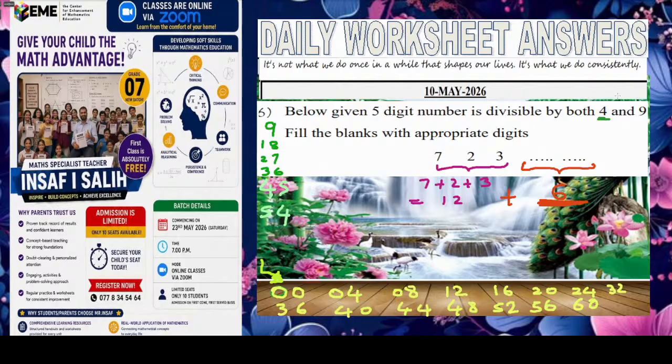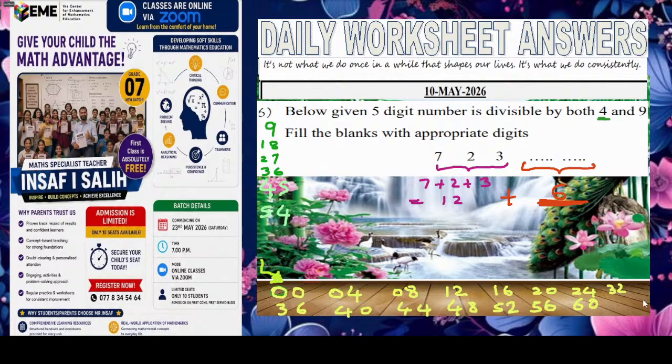Is there any other multiple of 4 which would give us 6 when the digits are added? There is no. Alright. Yes, that's a good one.